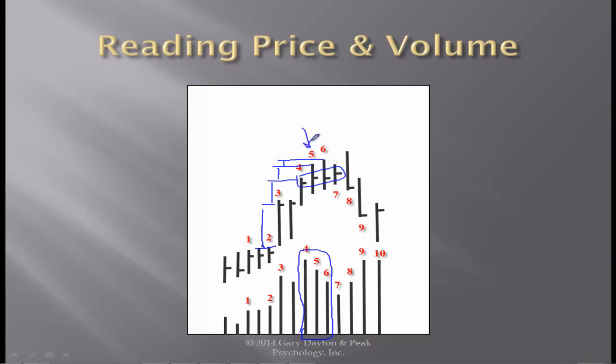Somebody's in there selling. Y'all understand that when an order comes in to the market, it's met by another order to either buy or sell. And on bar 3, the buy orders were swamping the sell orders, and that's what drives this market up. On bars 5 and 6, beginning at 4, but clearly at 5 and 6, there were still buying orders coming in.